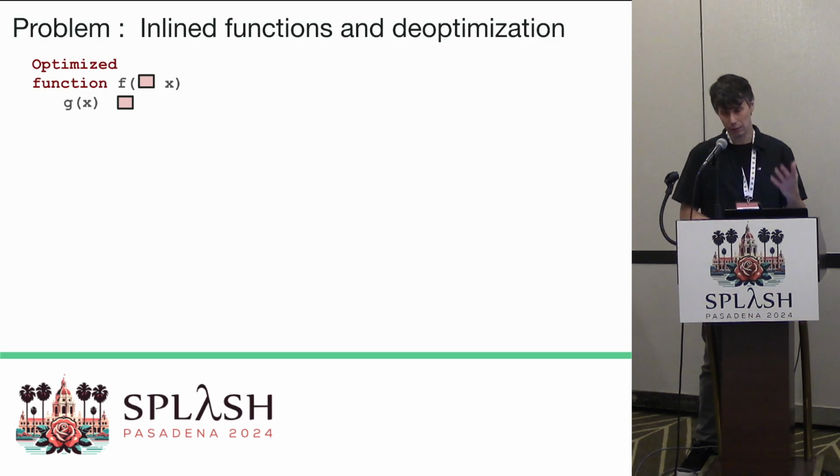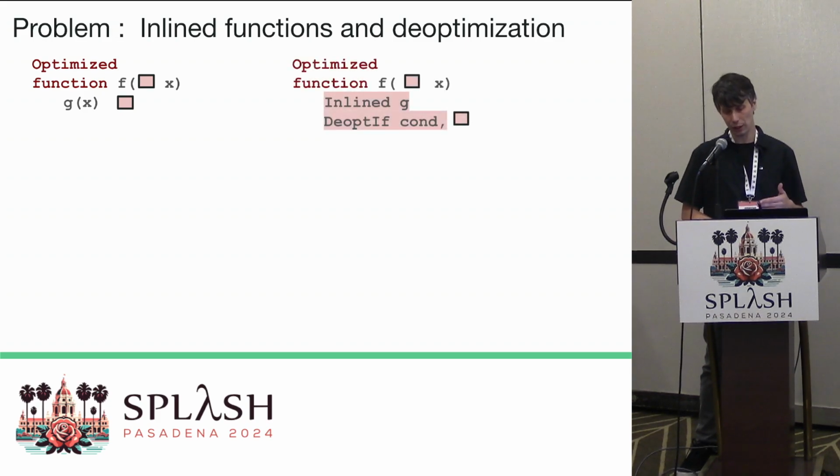At this point we only have a static type, which is what we are compiling for. But now we want to inline g, and we inline g using the brown call context, because this is all we have now. Because we are not running the function, we're just compiling, and we need to compile the whole function.